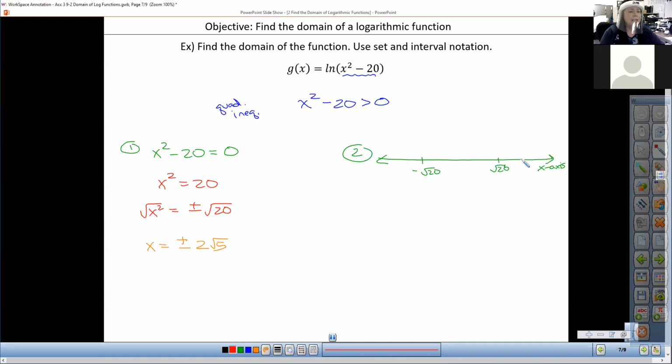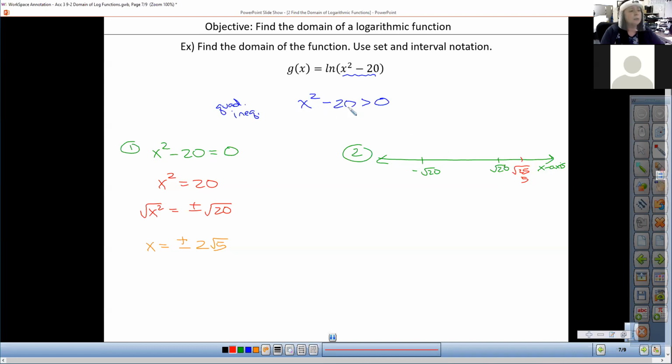You can pick any number you want to. Remember, these are no calculator problems, so we don't really know a decimal value per se for square root of 20. So all I need to do is pick a square root of a number that's bigger than 20. Pick the square root of a number where the number is larger than 20, like 25. What is the square root of 25? It is 5. And use that number, and that will guarantee that it's in this section or interval.